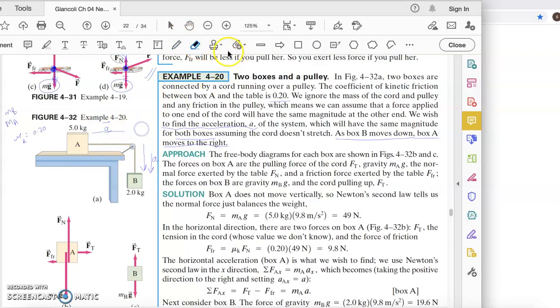All right? So this is again, the system is moving in this way. If object B is going downward, object A will be pulled to the right. So if the value of the acceleration for object A is A to the right, for object B it will be the same A but downward. This is good. It will make our life easier, less variables.